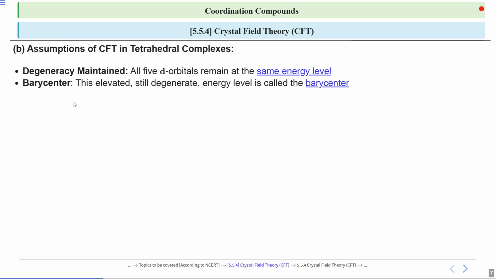Now, we have also talked about the barycenter in the octahedral complexes when we studied crystal field theory. So this elevated, still degenerate energy level is called the barycenter.